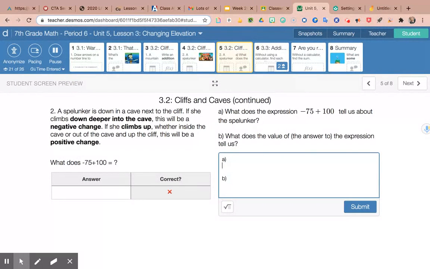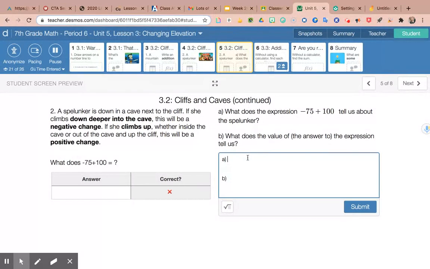Part A and B, I wanted you to write a sentence. What does this expression tell us about the splunker? So the negative 75 tells me that she went down 75 feet into the cave. So negative 75 tells me she climbed down into the cave.